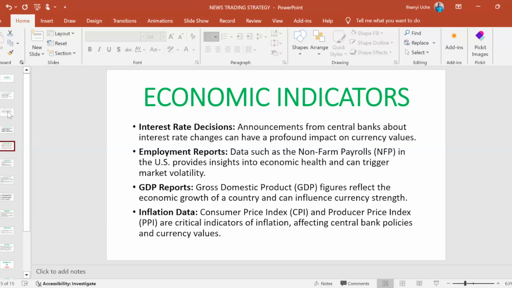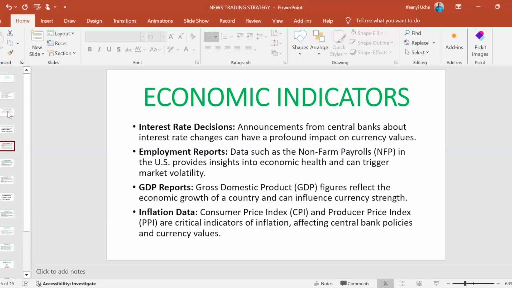Then employment reports: you have non-farm payrolls on the first Friday of every month. And then in the US, you have employment change, unemployment rates, and so on. This can trigger volatility in the market. Then you have GDP reports, that's gross domestic product.